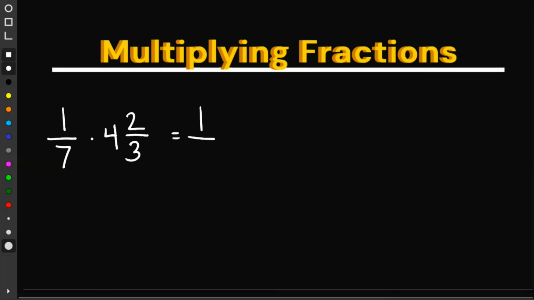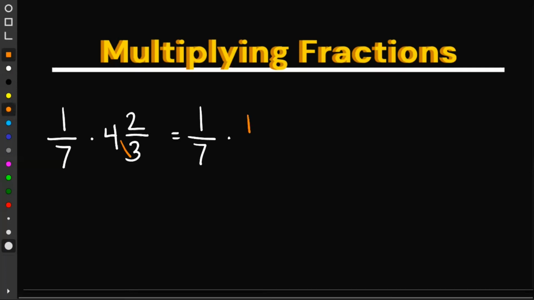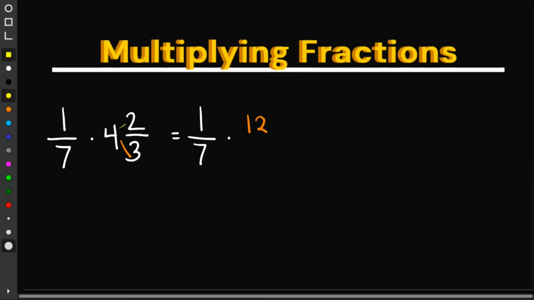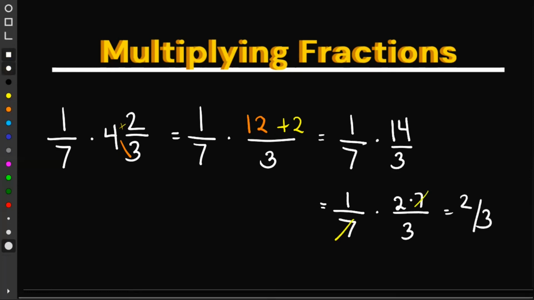So we can write this as 1 over 7 times 4 times 3 is 12 plus 2, all over 3, which would give us 1 over 7 times 14 over 3. Now we can write 14 as 2 times 7. So we have 1 over 7 times 2 times 7 all over 3. And cancelling out these 7s here would give us 2 over 3. And that is our final answer.